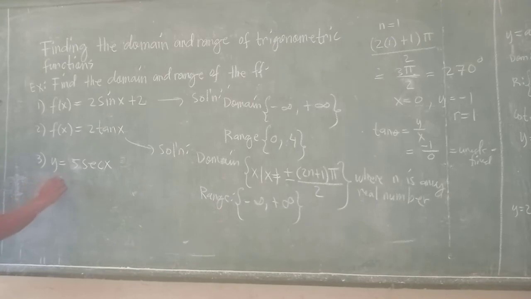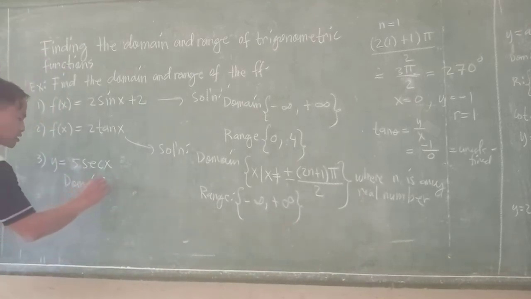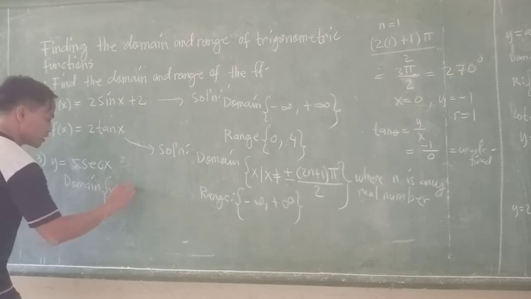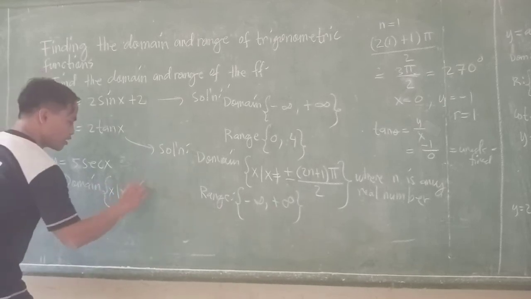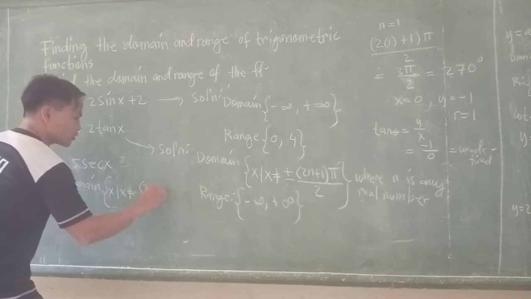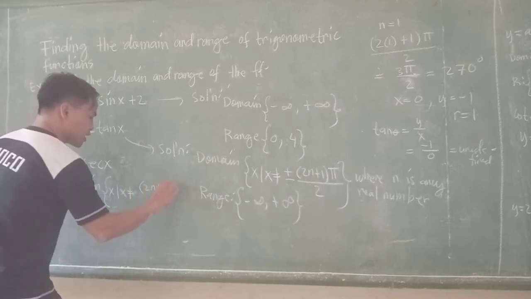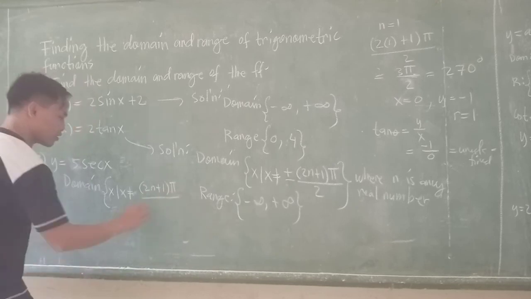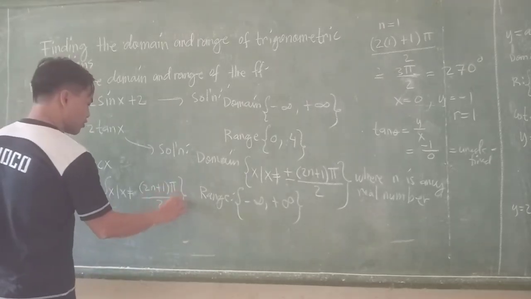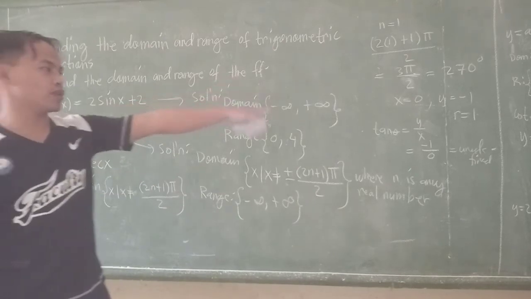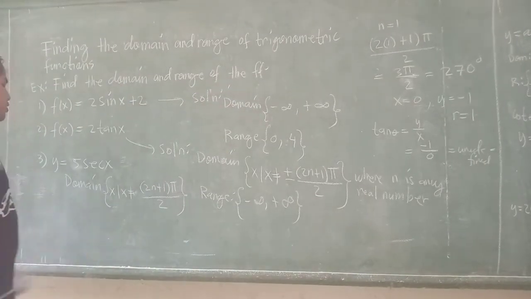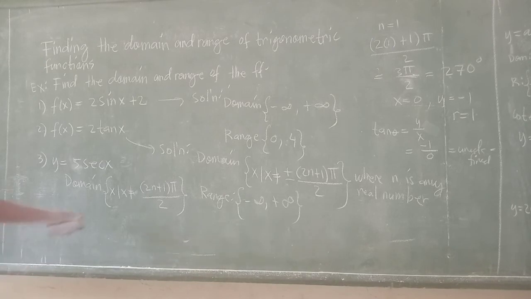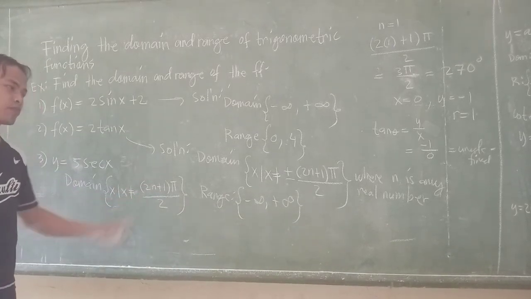So the domain is the set of all x such that x is not equal to 2n plus 1 times pi over 2. Just follow that pattern. The result is still undefined, that's why it is restricted.